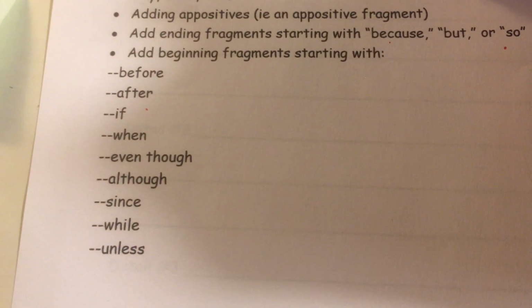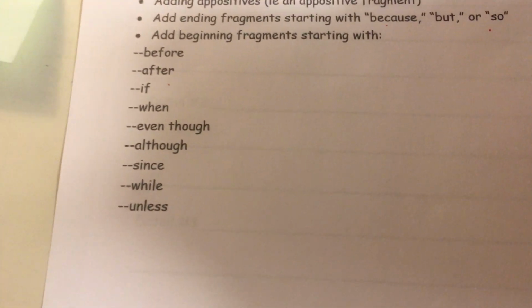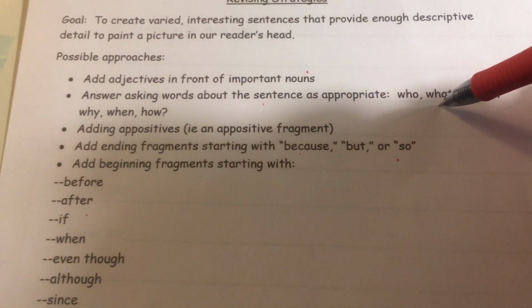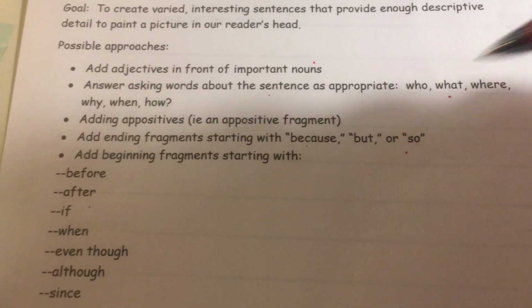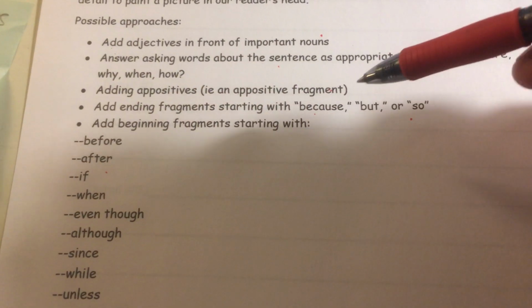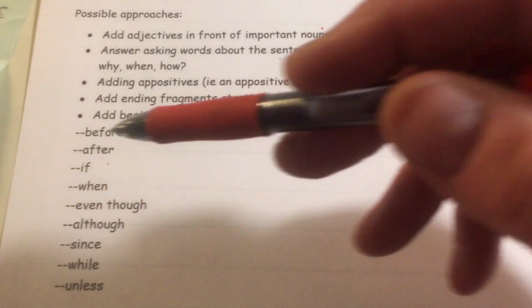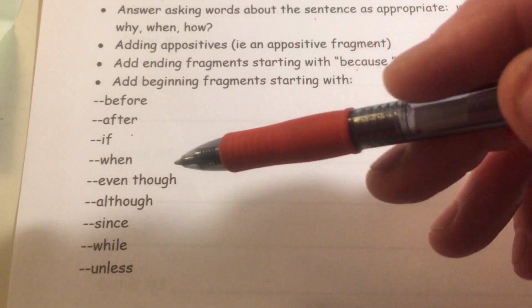See if you can add an adjective in front of it. Then try to answer an asking word for one of your sentences. Try to add an appositive to another one. Then try to put fragments, like because, but, so, or before, after, if, when, even though, although, since, while, or unless to one or two of yours.